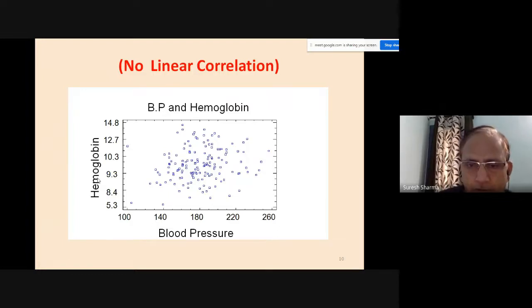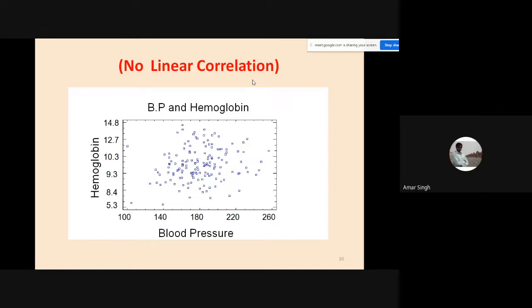Clinically also, there is no relationship between blood pressure and hemoglobin. I cannot say that those people who have high blood pressure are likely to have low hemoglobin or high hemoglobin. So that's why the trend is coming out like this. Here I can only rule out a linear relationship. There could be any other type of relationship which I'm not aware of, and those are studied with the help of non-linear correlations.